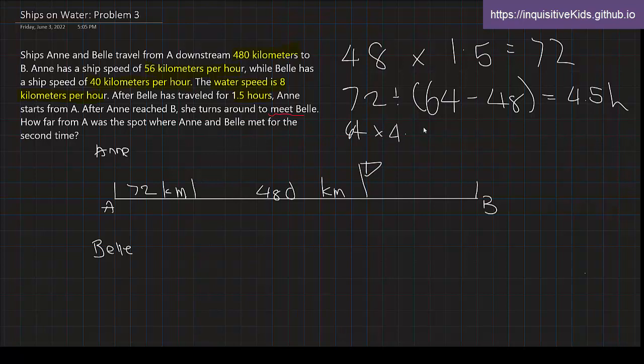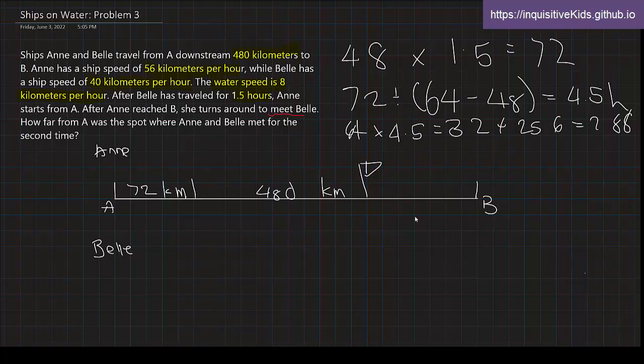Times 4.5, that would equal 32 plus 256, and then after we add that, we have 288. So that entire space right there was 288 kilometers.